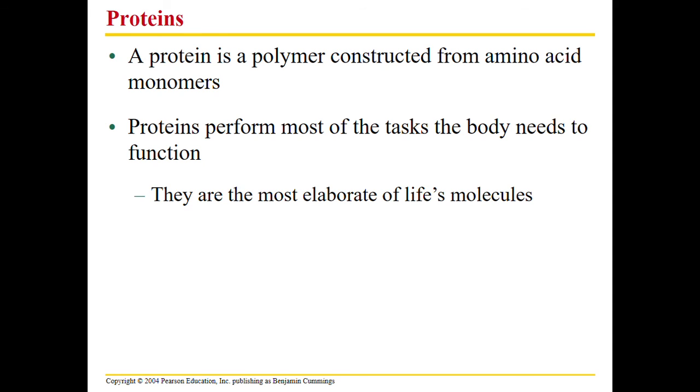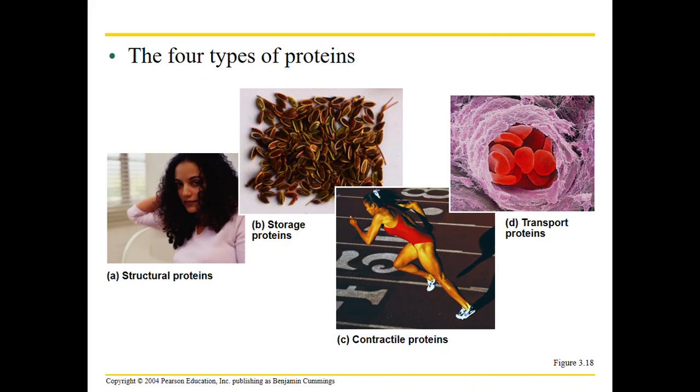And next we have proteins. Proteins are super variable in structure and function, and they're made out of amino acids. So a protein is a polymer. It's a long molecule, and it's made out of building blocks called amino acids. Different amino acids cause proteins to have different shapes and functions. And we have 4 types of proteins.